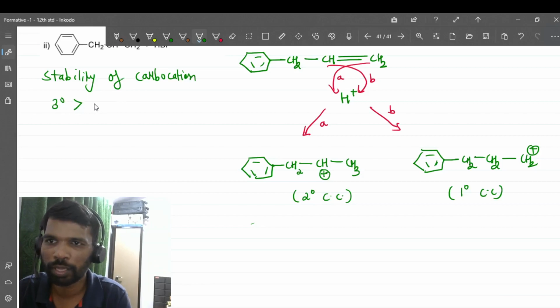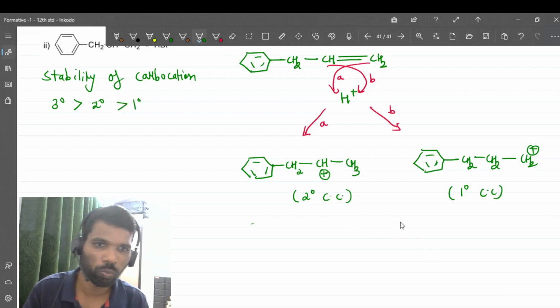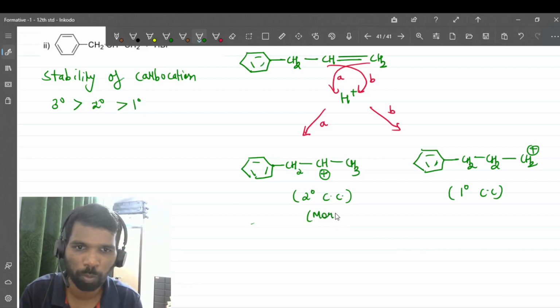Tertiary is more stable than secondary, and secondary is more stable than primary. So which is more stable? This is more stable, and this is less stable.